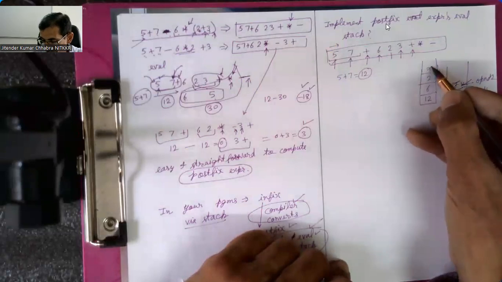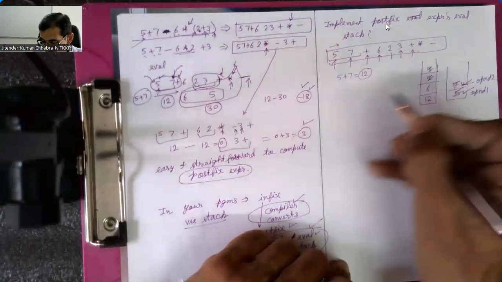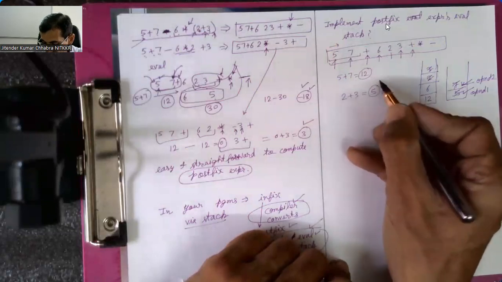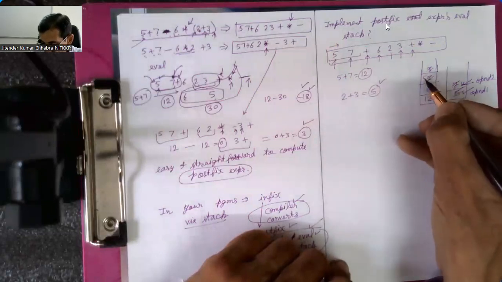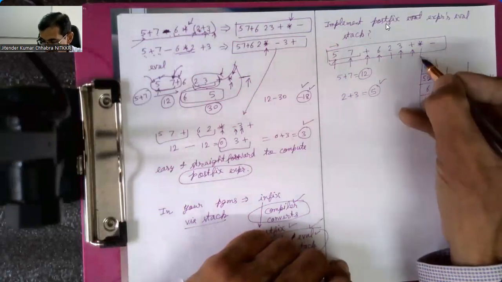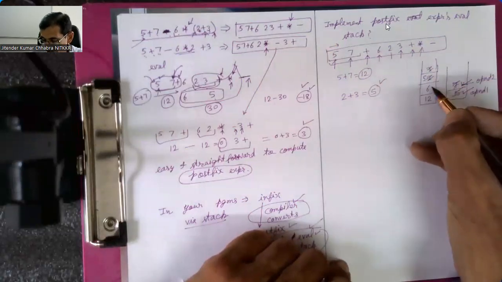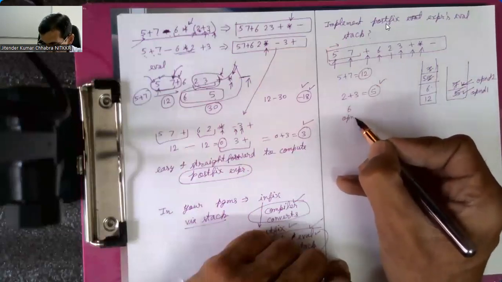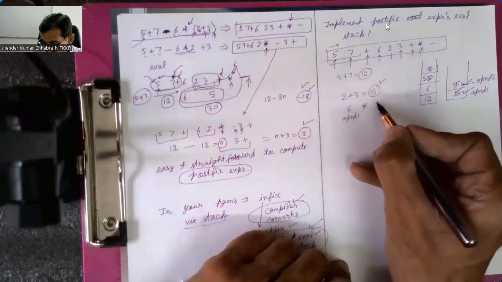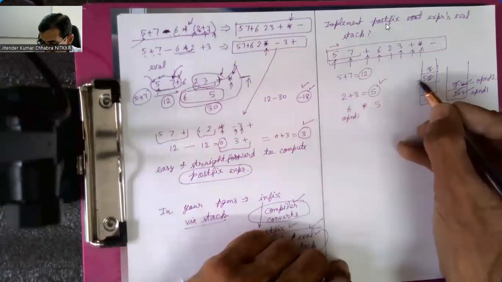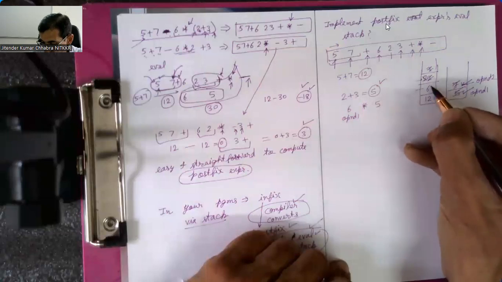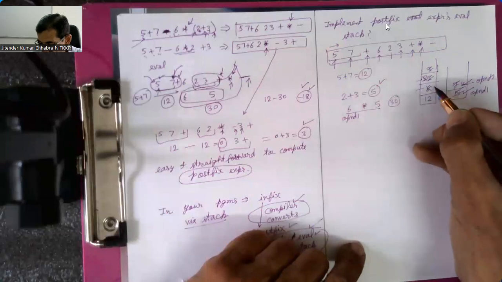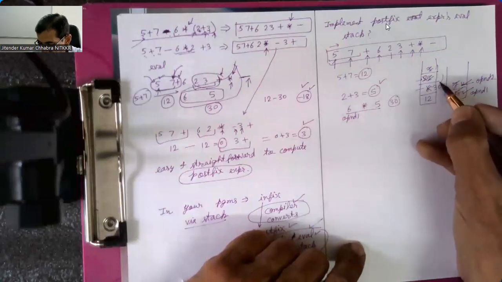Plus means pop out the topmost 2, 2 plus 3 calculated, and 5 pushed here. Then comes star. Pop out the topmost 2. 6 being operand 1 is multiplied with the second operand. So both have been popped out. 6 into 5, 30 calculated and pushed into the stack.